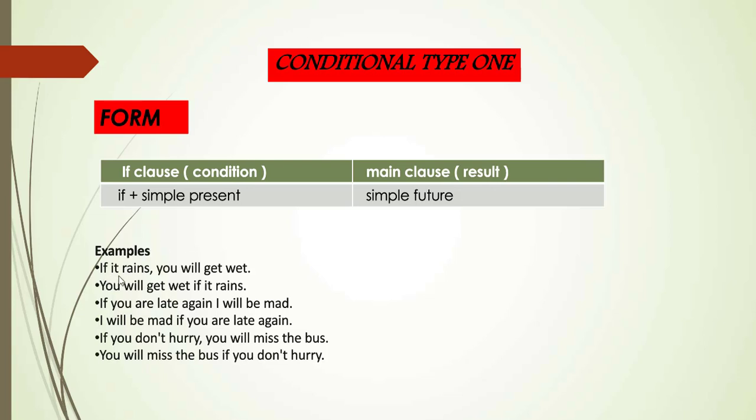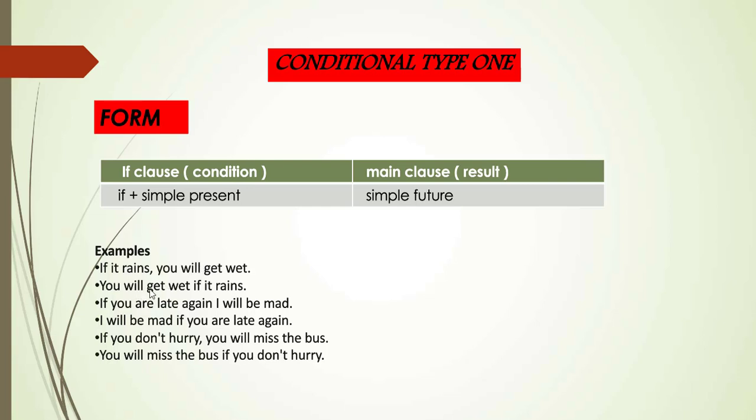Examples: "if it rains, you will get wet". Look here, in the if clause we have rains, simple present. Then in the main clause we have "you will get", and will get here is future.